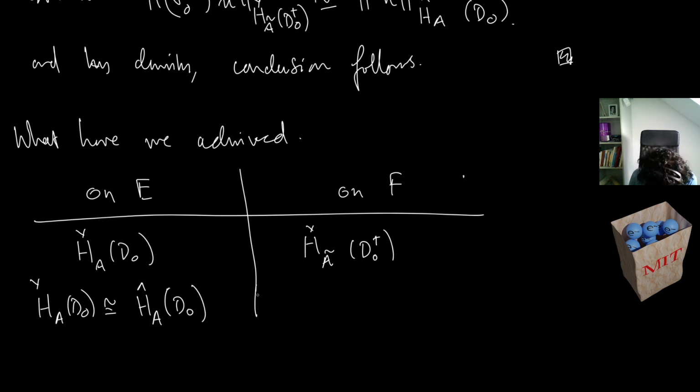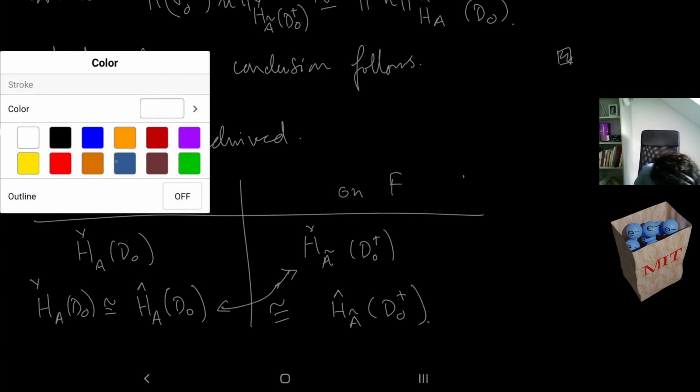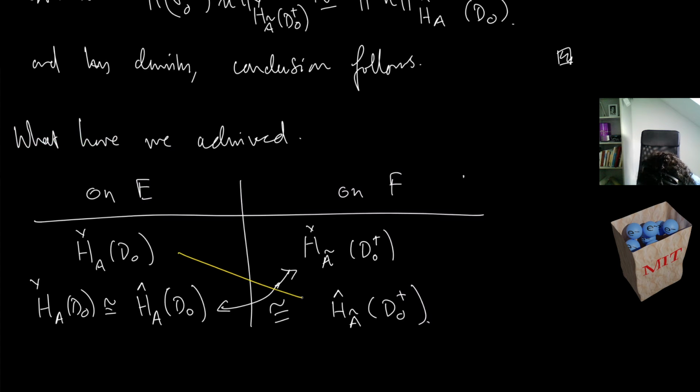And what we're saying now is that this hat space is isomorphic to this space here. By symmetry, of course, we can have a corresponding hat space here with respect to this operator, and this will be isomorphic now. So these two spaces will also be isomorphic. We can just run the symmetric argument.